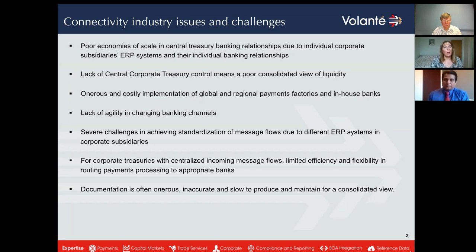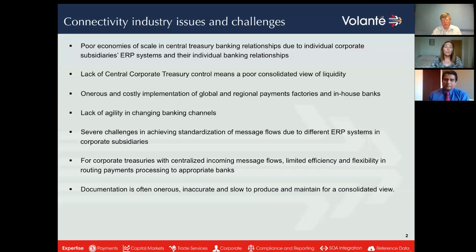So what a lot of the large corporates are doing is creating payment factories or in-house banks, which are either implemented on a global basis or regionally, so that they can roll up all of those relationships and consolidate them, and maybe bring down what could end up being 1,000 banking relationships around the world down to something more manageable in the tens or 100.